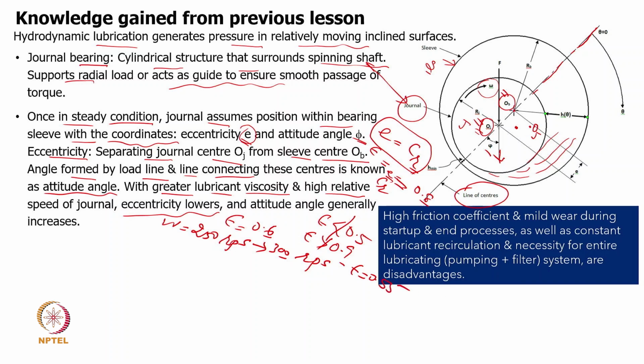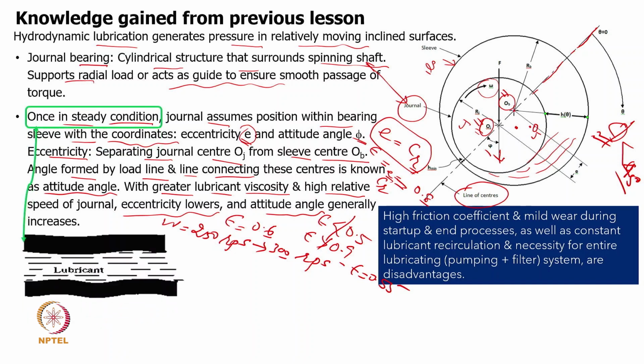As eccentricity reduces, attitude angle will increase. In the last lecture we also mentioned attitude angle should always be lesser than 45 degrees. That's what we want, and that will be advisable.